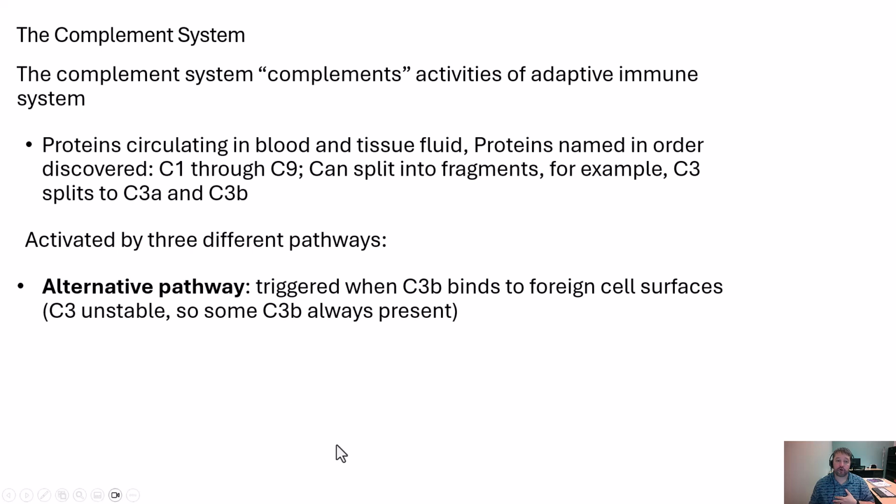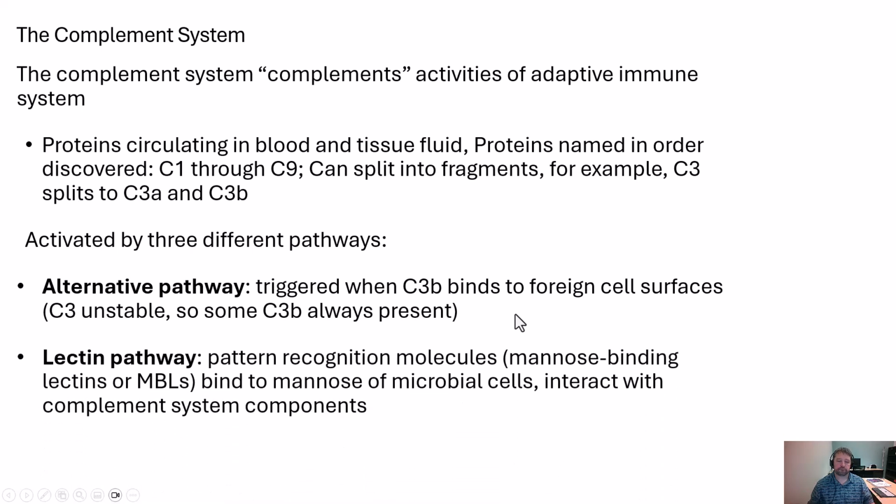There's always at least some C3b present, because C3 is unstable, so it'll break apart. Other complement proteins can also trigger the splitting of C3 into A and B. For more information on that, we can talk later.